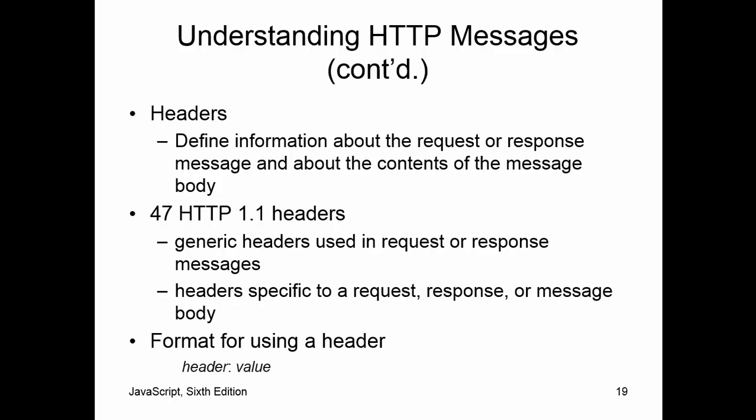When you use post, it's taking the information and, for lack of better words, it's kind of hiding it inside of what are called the HTTP headers. And you can see the headers define information about the request or the response. In HTTP 1.1, as it says, there are 47 headers. There are very generic headers, and there are more specific headers.